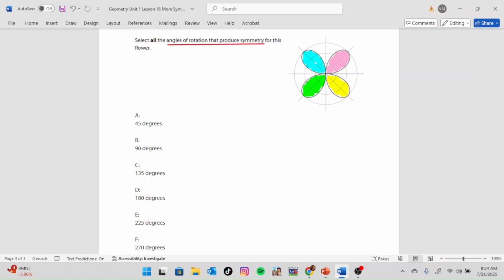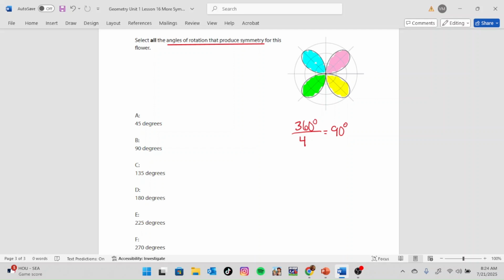So to rotate a full time around, that is going to be 360 degrees. And since we have 4 distinct placements for the petals, that means every 90 degrees, we're going to be able to put one petal where the next one is.